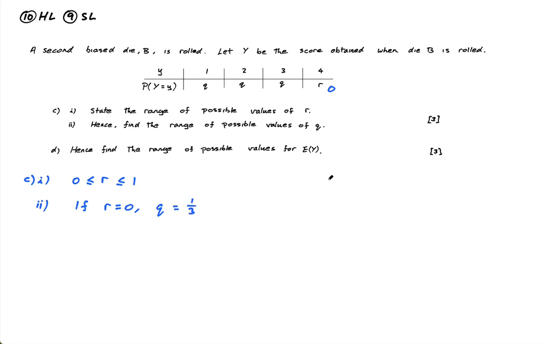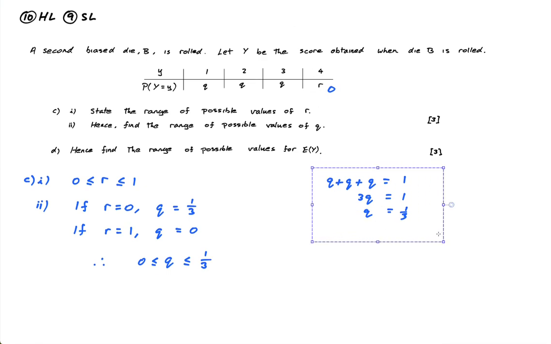That's because Q plus Q plus Q has to equal 1, which makes 3Q equals 1, Q equals a third, because this plus this plus this would have to equal 1 if R is 0. If R equals 1, then Q would equal 0. Therefore, Q has to be between 0 and a third, and it can equal both. Let me just remove this.